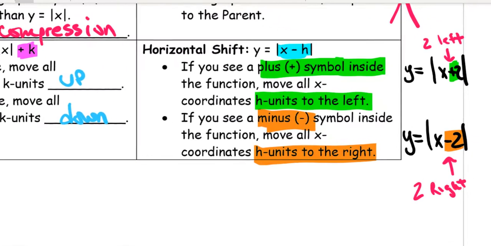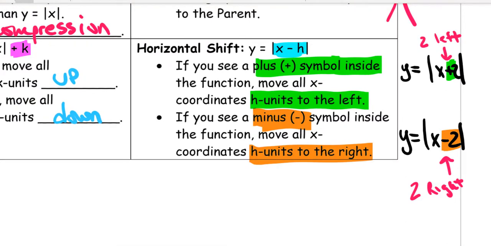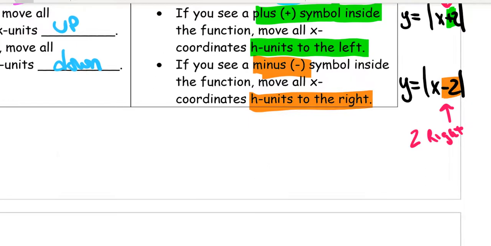The reason that's confusing for some people is that the general formula is x minus h. So if you had a negative value, x minus negative 2, because that's our h value right there, we'd just write that as x plus 2. That's where you've got to be careful.